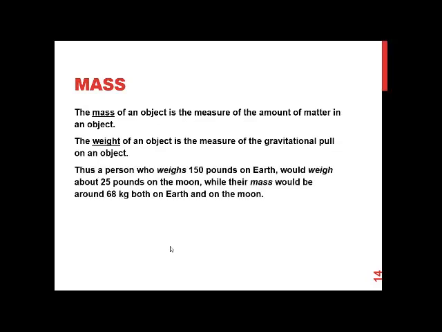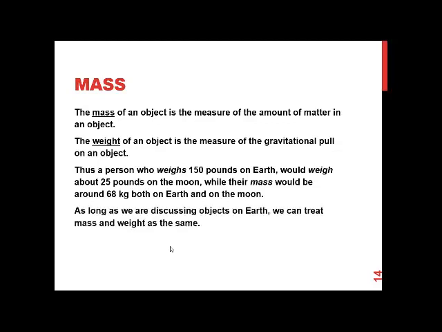So a person who weighs 150 pounds on Earth would weigh about 25 pounds on the Moon. However, their mass would be about 68 kilograms both on the Earth and the Moon. Now, as long as we're only talking about things that are on Earth, we can treat mass and weight as the same.